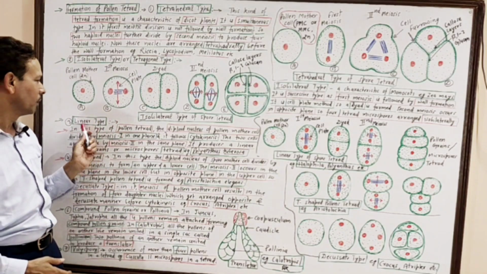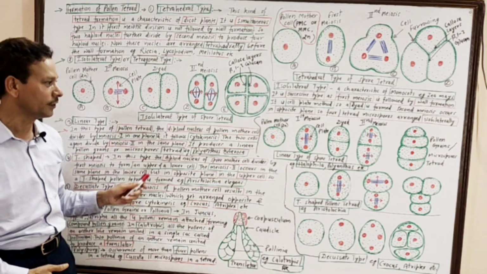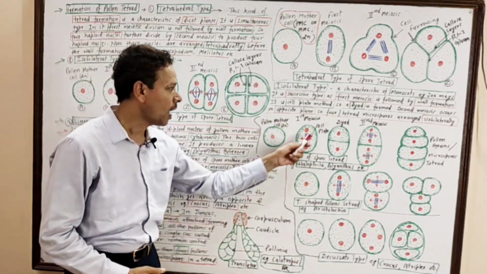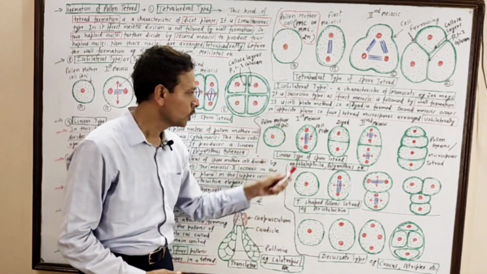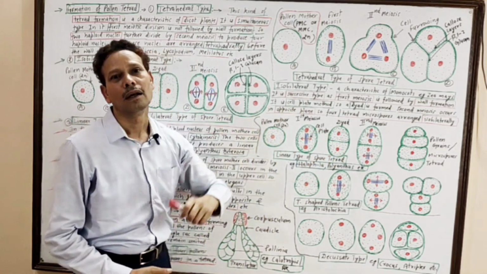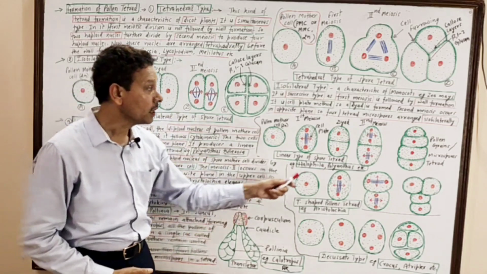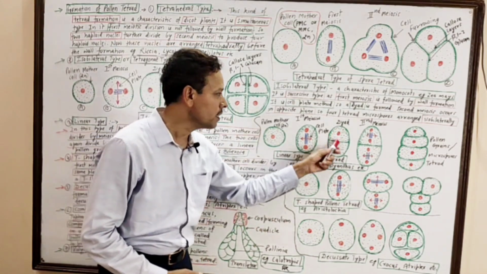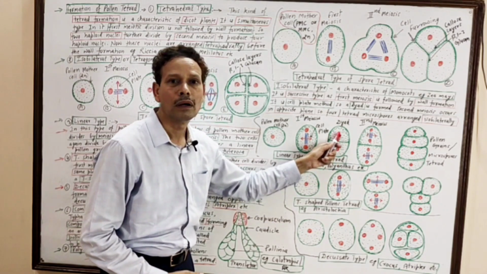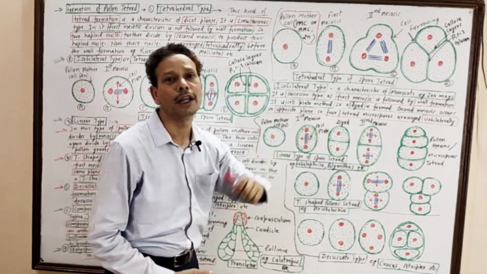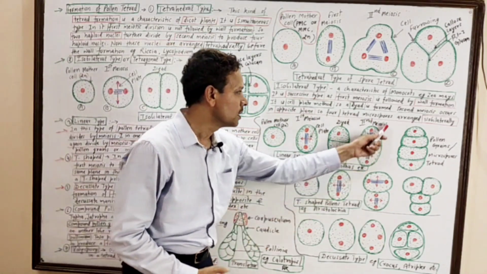Linear type. In this type of pollen tetrad, first meiosis occurs, and after first meiosis, two nuclei are formed as well as cytokinesis occurs. As a result, a dyad, two cells, is formed, and each cell of this dyad again divides meiotically.